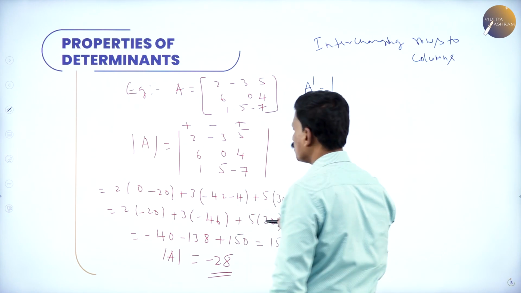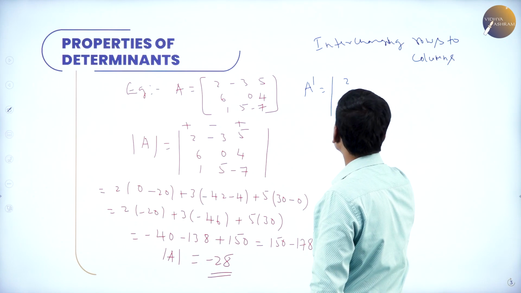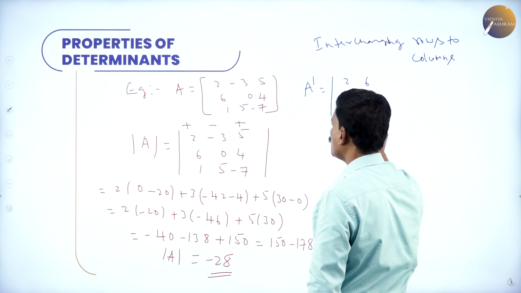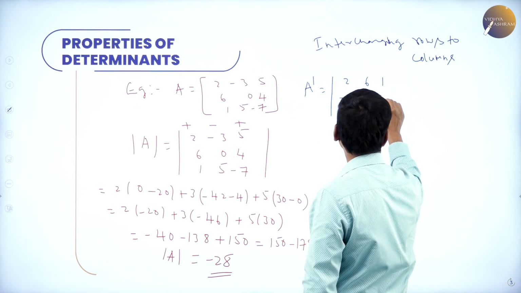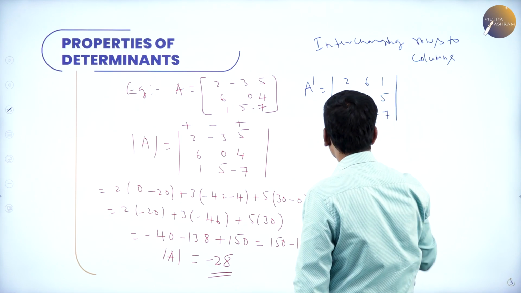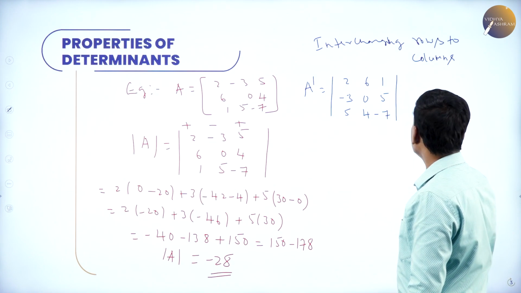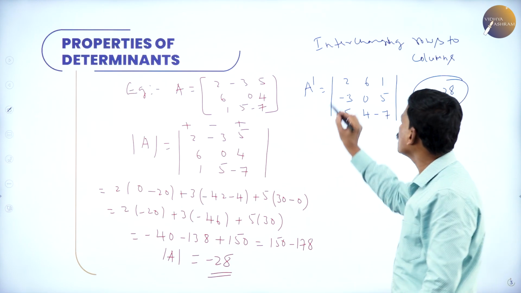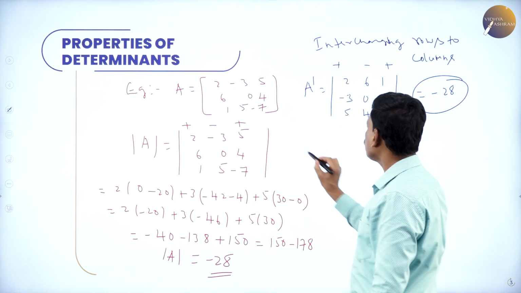A dash is equal to the determinant 2 minus 3 5, then 6 0 4, 1 5 minus 7. According to the definition, what is the answer we have to get? This is also equal to minus 28. Let us check this. Plus, minus and plus.